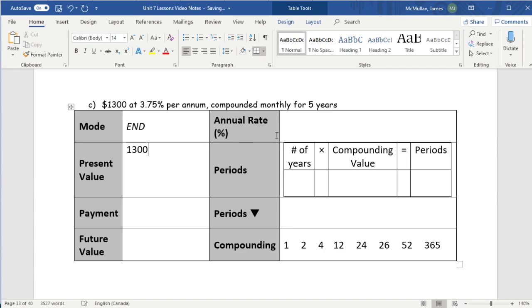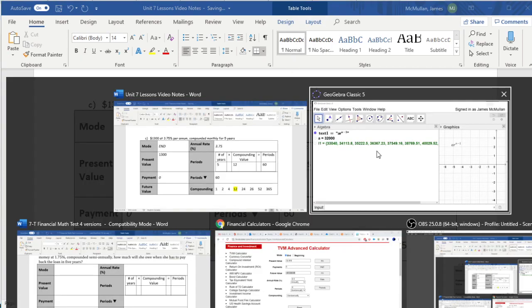I'm borrowing $1,300. The interest rate is 3.75%. It's monthly for 5 years. 5 years, monthly is 12 times per year, so 5 times 12 is 60 periods, right? 60 months. I'm not making any regular payment. I'd like to know how much I'm going to owe at the end of 5 years.